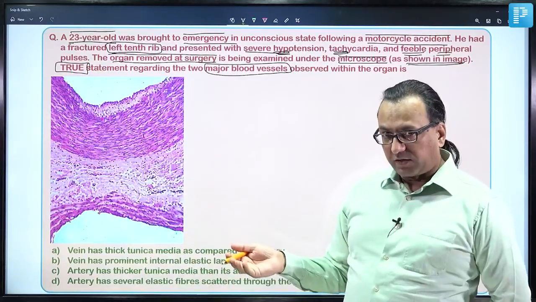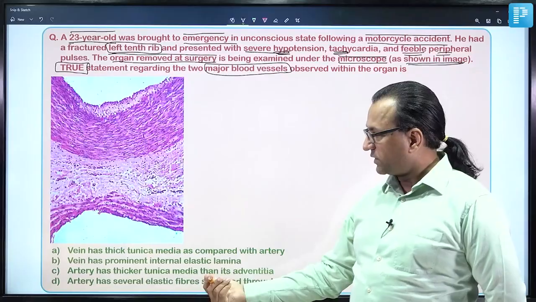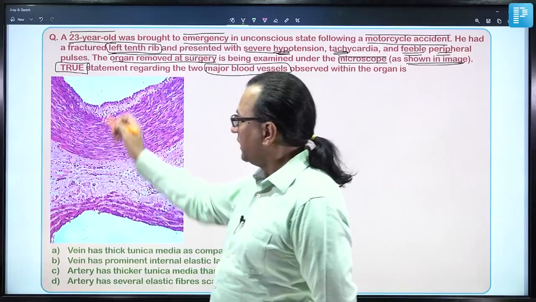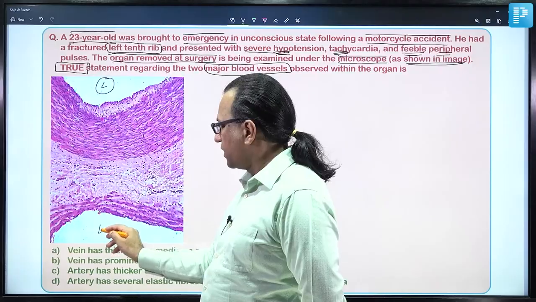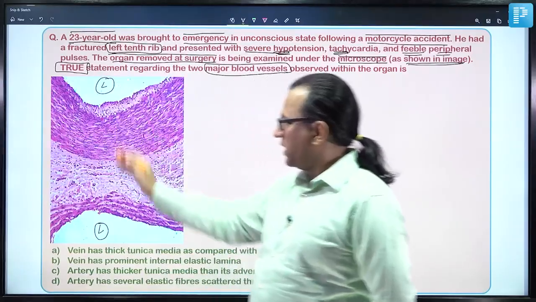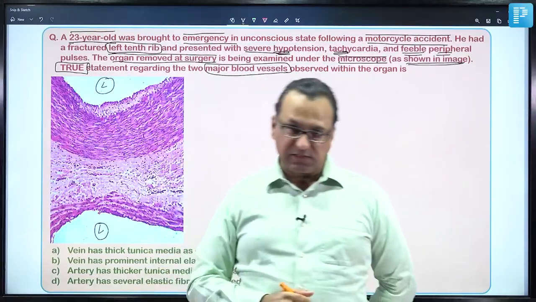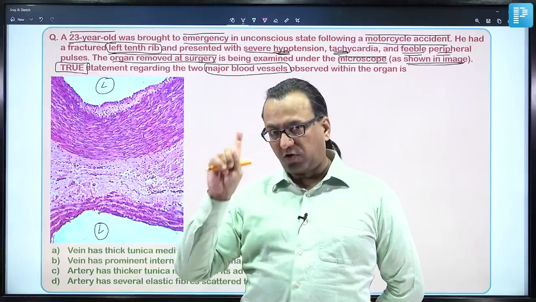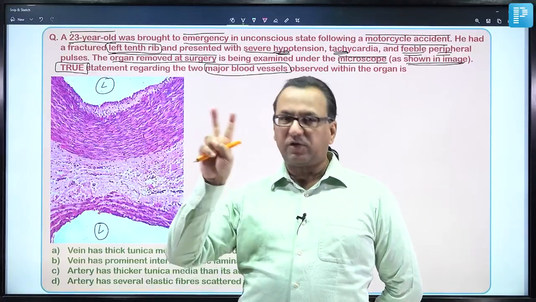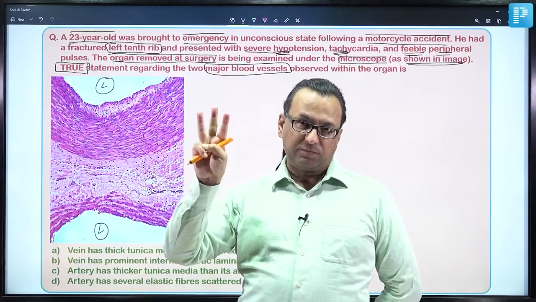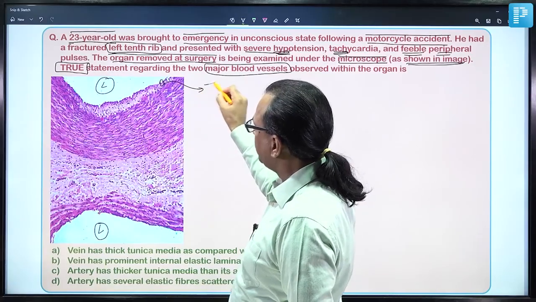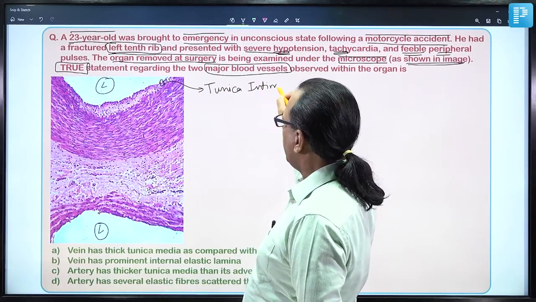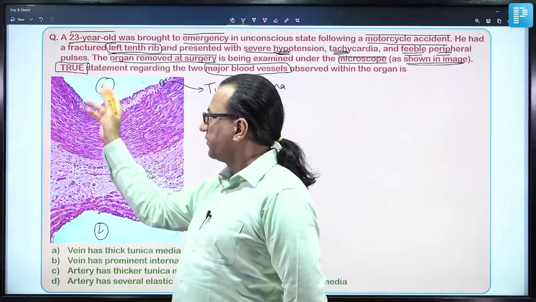So before we start looking at the options, first of all, you can understand there is a lumen seen on this side and another on the other side. Plus, what I understand is the blood vessels, normally towards the lumen, they'll have a tunica intima. Then there'll be a tunica media and then tunica externa. Now, let us see. This appears to be the tunica intima, and it is towards the lining surface of the lumen.